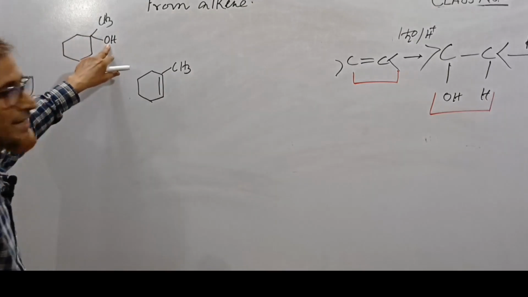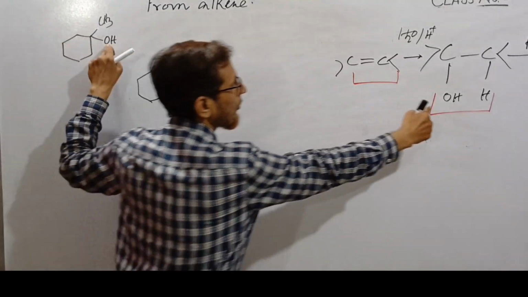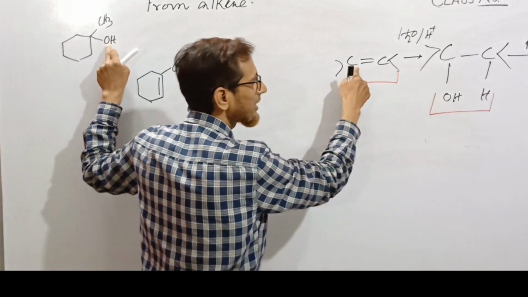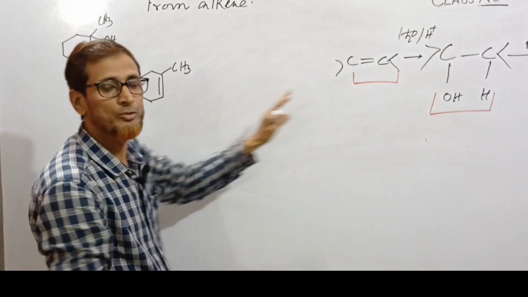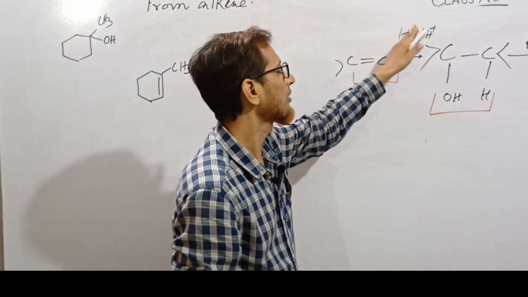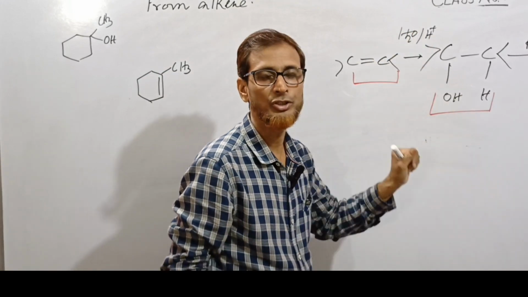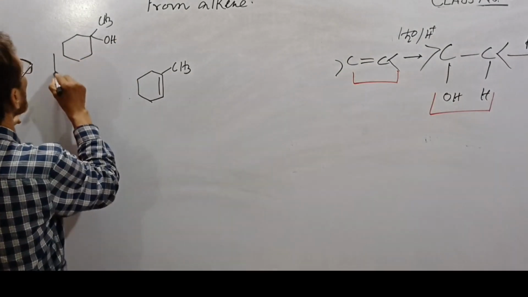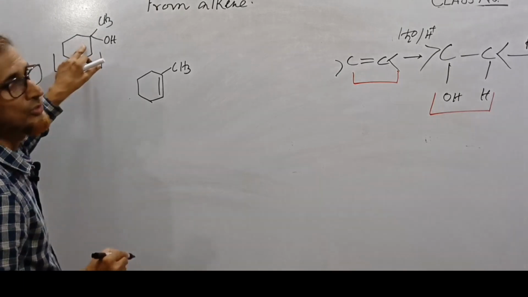We will not write OH, because OH is introduced into the structure whenever there is a double bond. After acid hydrolysis of the double bond, OH is introduced into the compound. So the compound to be prepared is this.